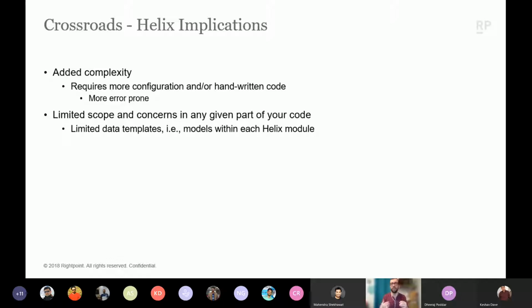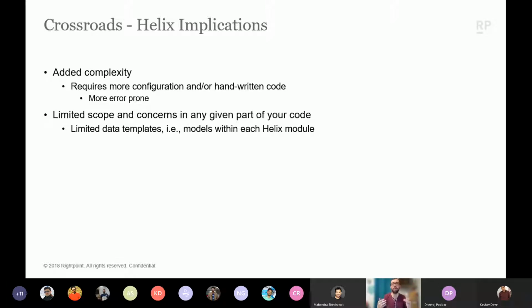So what that did, when I did use GlassMapper with Helix, it caused a lot of issues for me in terms of added complexity. So I had to come up with clever ways of generating models across projects because I still wanted to use GlassMapper, but I wanted my glass models to be in each specific project.